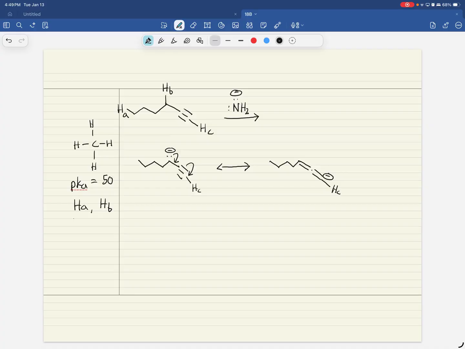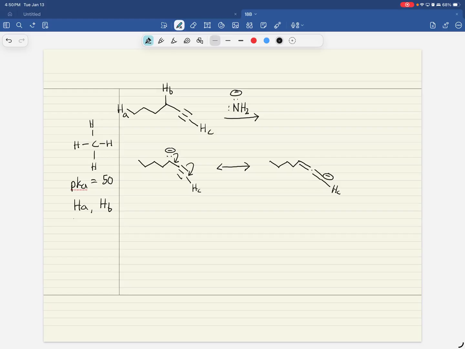So if we did that resonance structure, alkenes are not very good at stabilizing negative charge, okay? Because here, what do we have? It's still sp, but it's a double bond, so it might not be as stabilized as an alkyne, okay?